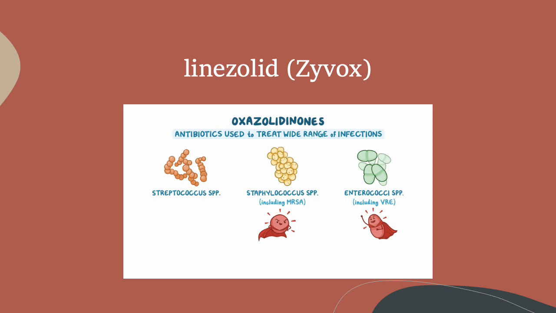This can also, uniquely enough, strengthen the effects of vasopressor agents, including dopamine. So we may need to be on a lower dose of our vasopressors if the patient is concurrently on linezolid. There is a very high risk of serotonin syndrome if this is concurrently taken with serotonergic antidepressants.